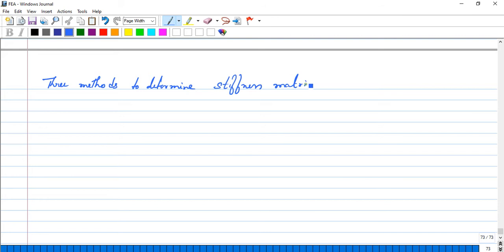What are those? We can follow the direct method, or the variational approach, and the third one is the weighted residual method.